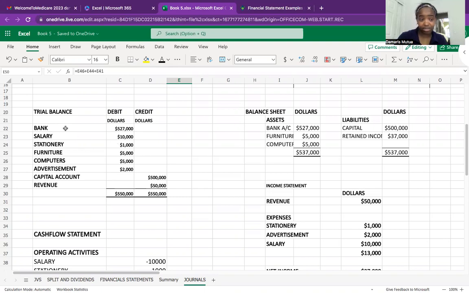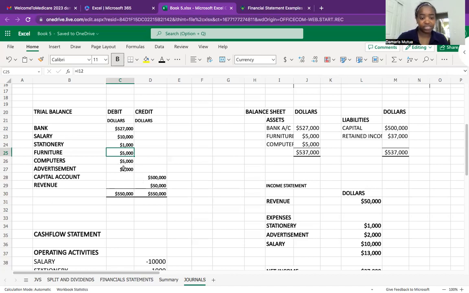We know that bank goes to the balance sheet and it's posted on the balance sheet. Salaries is an expense that will go into the income statement. We have stationery, it's an expense, stationery for the month. We have furnitures, it's capitalized under PPE, so that goes to the balance sheet. Computers goes to the balance sheet under non-current assets.